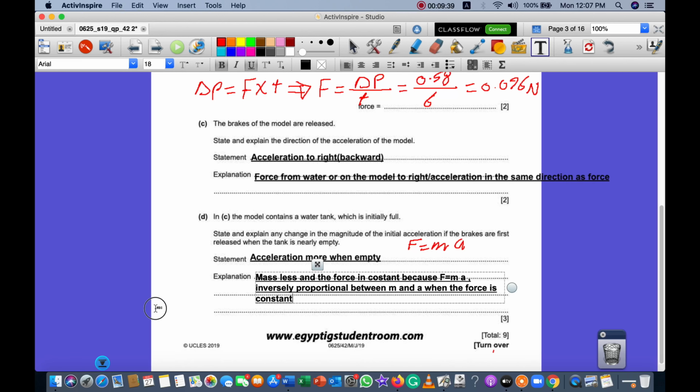Okay, so the acceleration is more when empty, as I said. So the mass is less and the force is constant because F equals M times A, due to the mathematical formula of Newton's second law. So we have inversely proportional between M and A, mass and acceleration, when the force is constant. Okay, that's it. Thanks a lot.